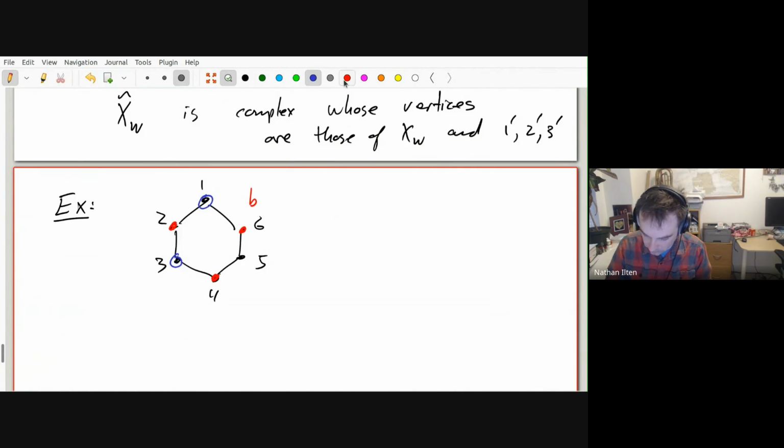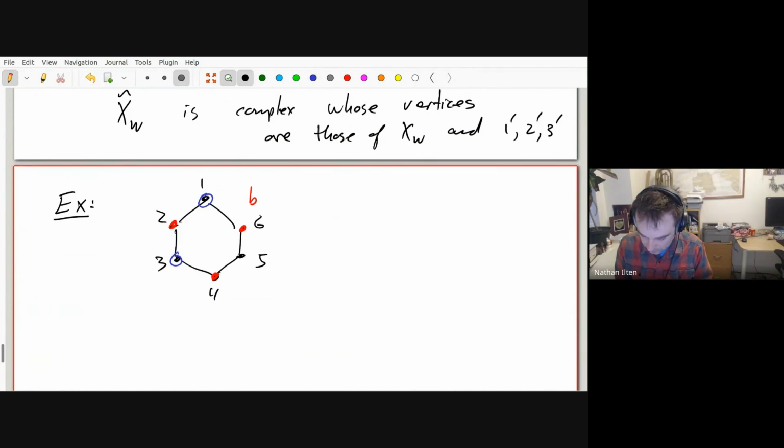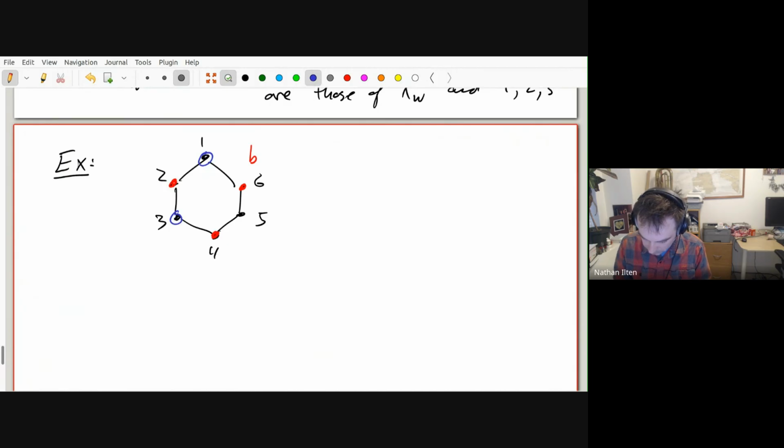Okay, and so now I'm going to draw this complex and then we'll be done. So here's my vertex 1. Here's my vertex 3. I also had this vertex 5. I also had these other vertices, my 1 prime, my 2 prime, and my 3 prime.